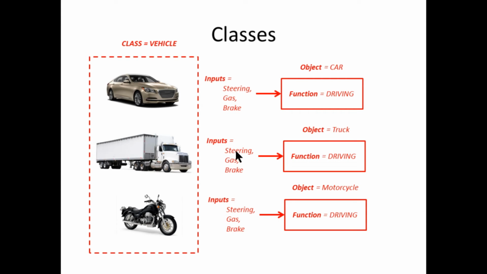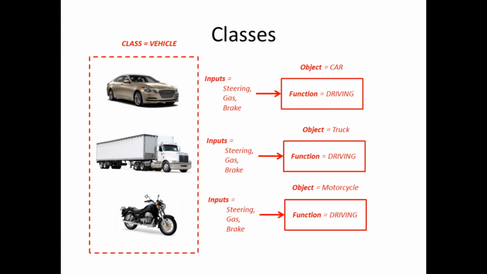It has the same inputs, steering, gas, and brake, but you can see it is a completely different form of object. It's got a different number of wheels. It's got 18 wheels. It's got this trailer with a lot of storage in it. It's got different ways of doing it, different color, different size, different from the car. But basically, when you boil it down to a function and inputs, it's virtually identical.